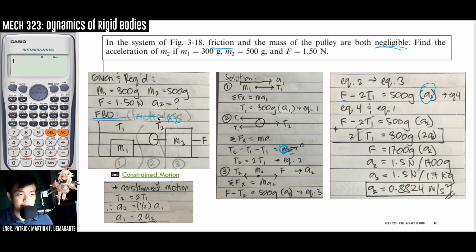Then, yung ating x2, x1. So, pag nag-move to, say x2, yung ating x1 din ay mag-move forward, no? And yung equal yan sa ating line.